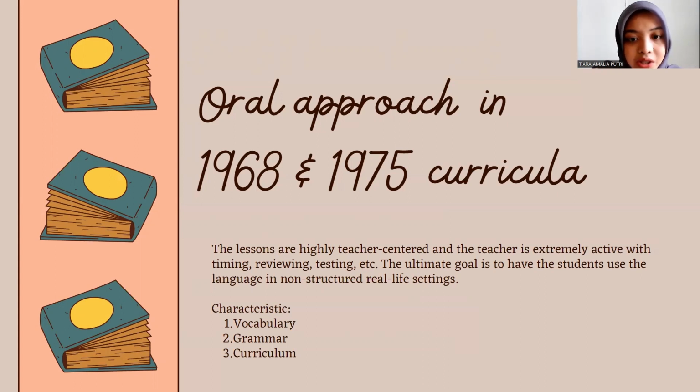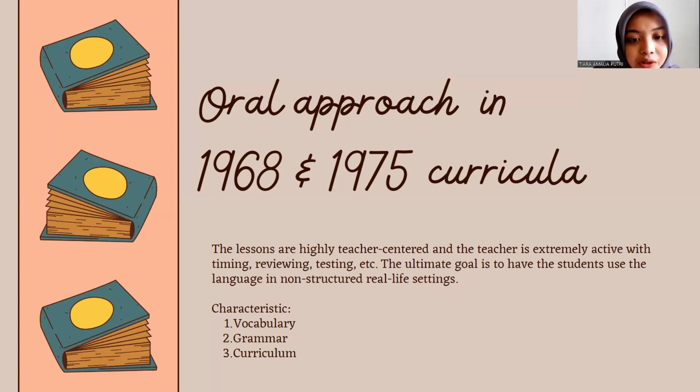And then the characteristic: vocabulary is seen as a way for developing reading skills in this approach. The oral approach stipulates a list of 2,000 words essential for reading comprehension. And then grammar. In terms of grammar, it is not the same as the grammar translation method, which stresses universal grammar. Rather, in the oral approach, it is the patterns of the sentences that matter, such as subject, verb, object.